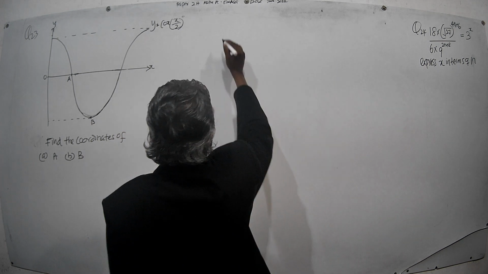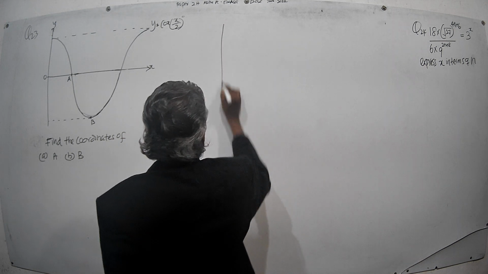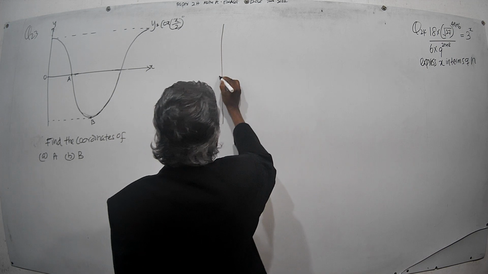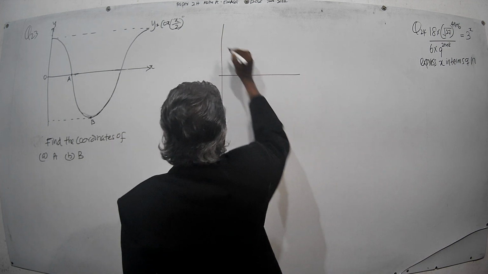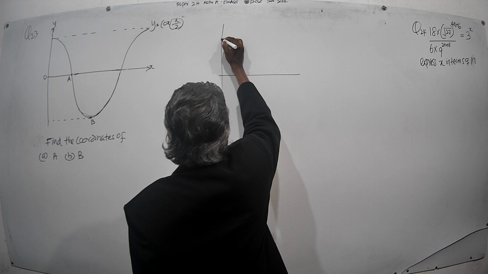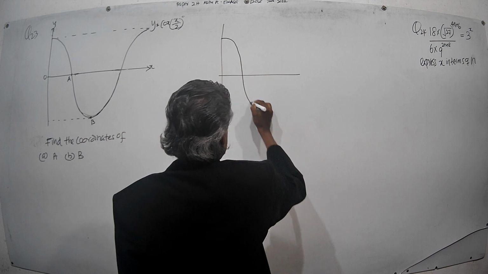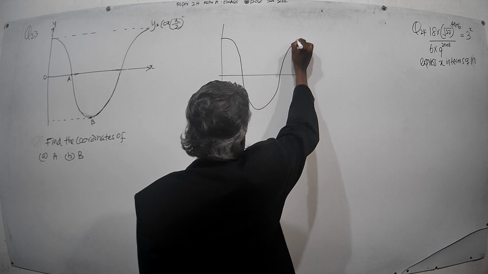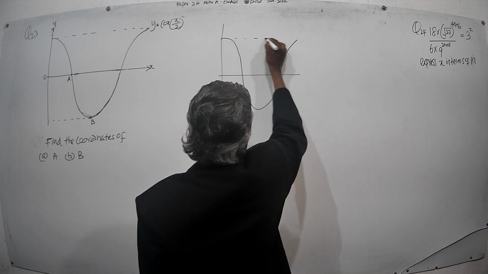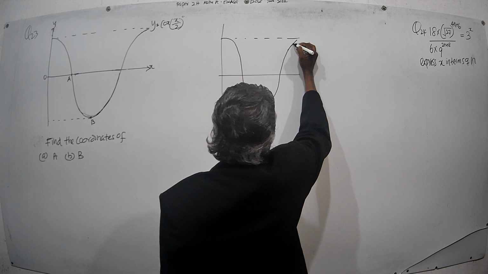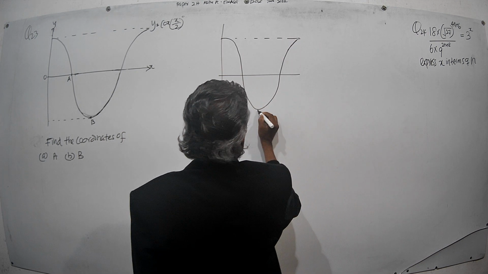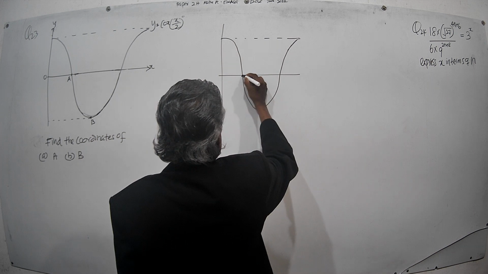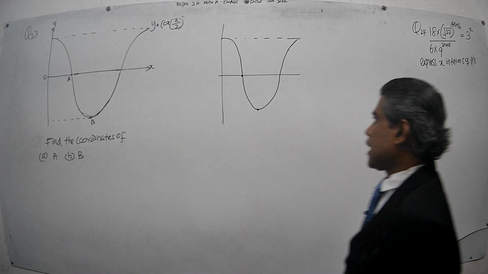The cos graph is like this. Here is the turning point, and here is the cutting point on the x-axis.